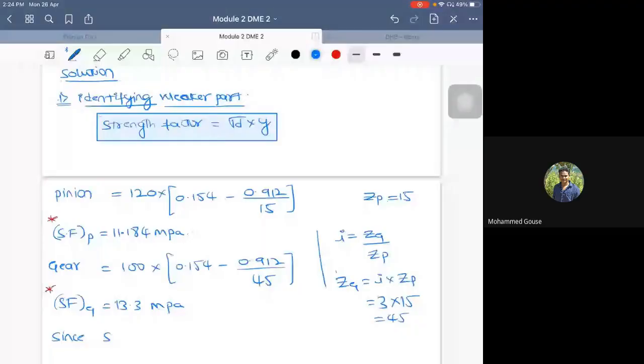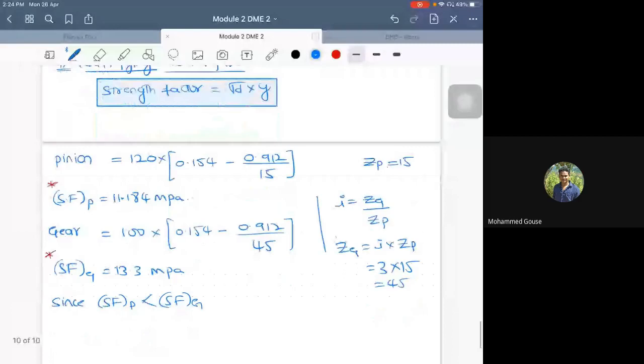Okay, are you able to see the screen, guys? Yes. Good. So strength factor for pinion is lesser than strength factor of gear. We would consider pinion as the weaker part.